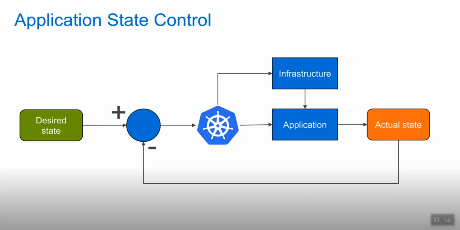The desired state in Kubernetes is specified in the application deployment manifest in a YAML file, which is in the form of key value pairs with very little syntax and annotations.